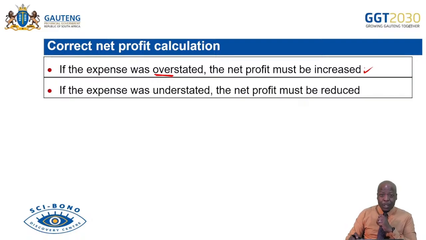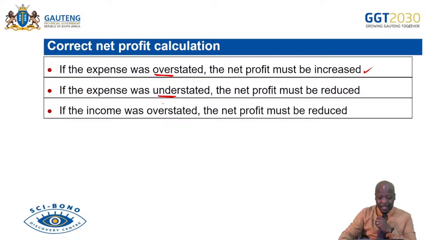All right. The next one says, if the expense was understated, that means we recorded less of an expense. Therefore, the net profit must be reduced. Okay, please follow me. I'm going to expand more and I'm going to bring figures as we calculate in order for you to understand these statements.